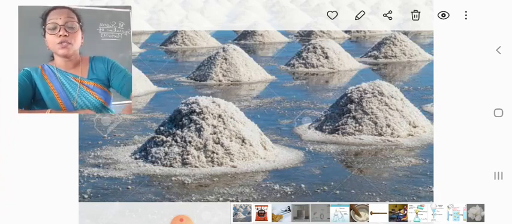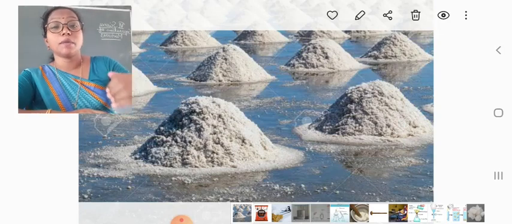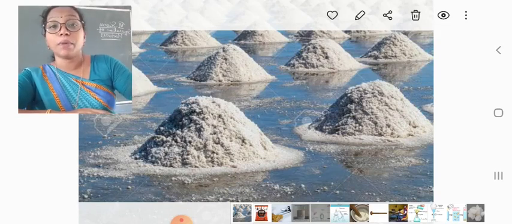The iodized salt is used to prevent the disease goiter, because goiter occurs due to the deficiency of iodine. Sodium iodate that is added to the salt provides iodine to the people who consume it.